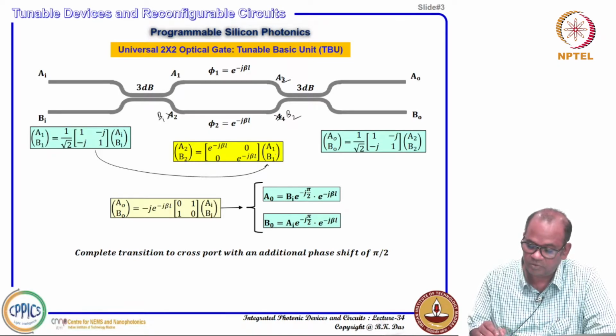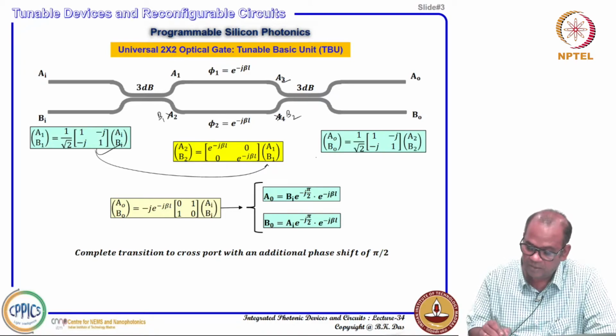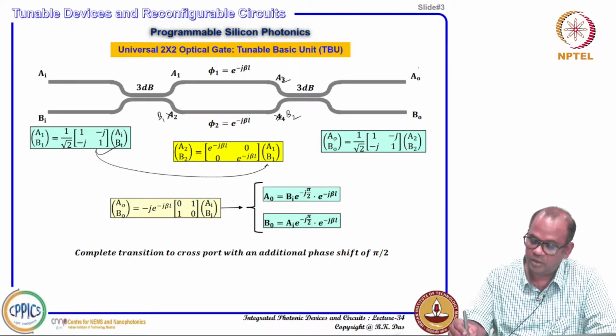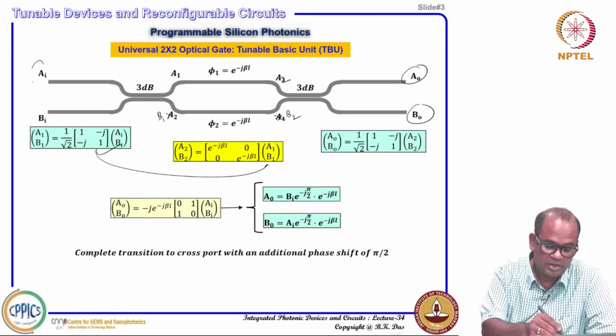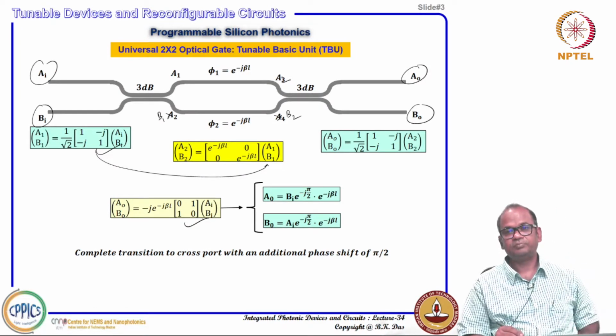So, A 2 B 2 equal to A 1 B 1 here. So, instead of A 1 B 1, you can write this one. Then ultimately, using all these matrices, you just multiply, then you can relate A 0 B 0 to A I B I. So, this is your transfer matrix.